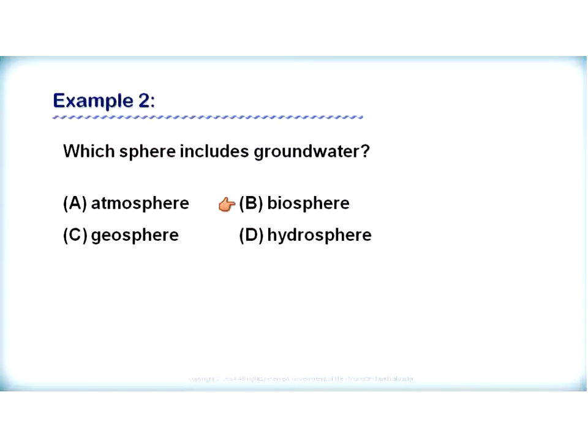Biosphere, bio standing for life, is the sphere of life which exists in all the other 3 spheres. And choice D will be hydro. Hydro meaning water will be the water sphere of Earth. So if you're looking at which sphere includes groundwater, your answer will be D, the hydrosphere.